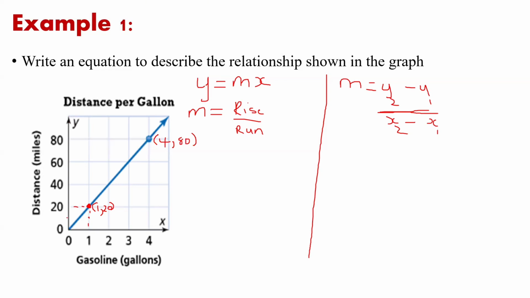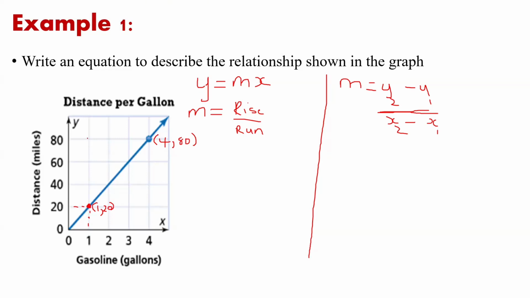That means halfway between 0 and 20, or halfway between 20 and 40, is 10, right? So each of these sides is 20 units. You're going up by 20. If you look at your x-axis, each side of the unit square is 1 unit.